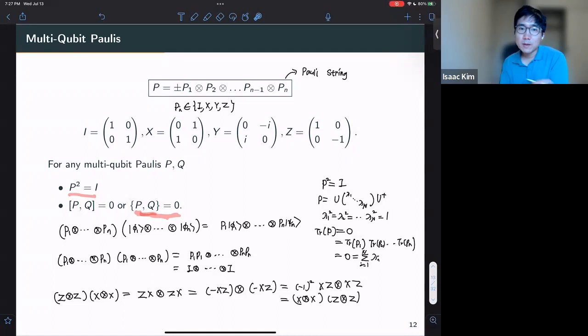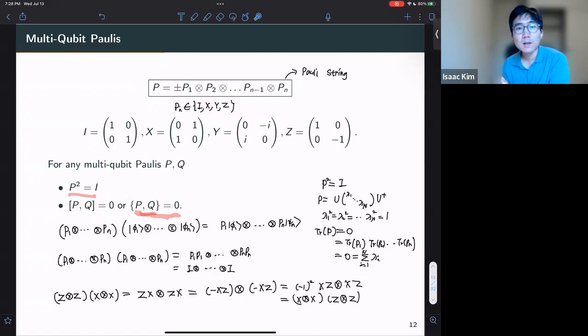So remember, we're talking about the Clifford hierarchy, and we started at the zeroth level, which was the Pauli matrices. And by Pauli matrices, I meant not just single-qubit Pauli matrices, but these multi-qubit Pauli matrices.